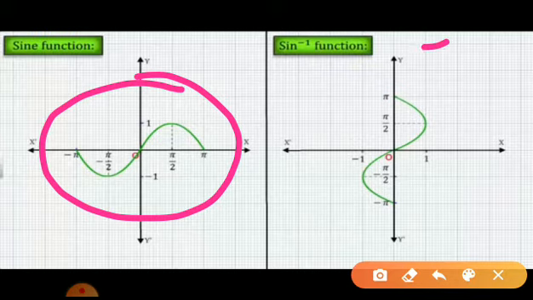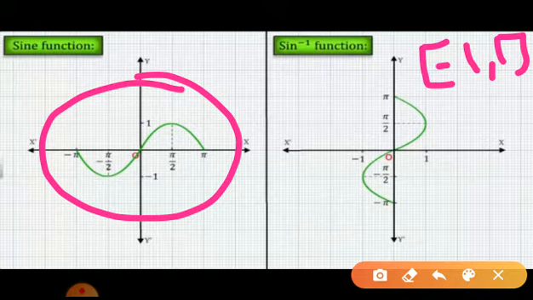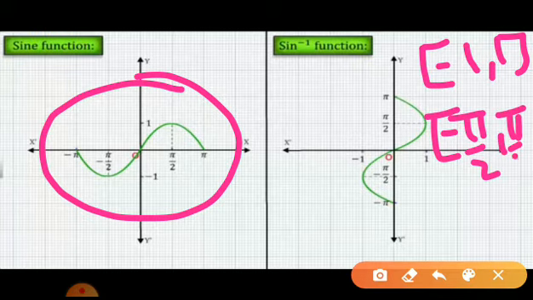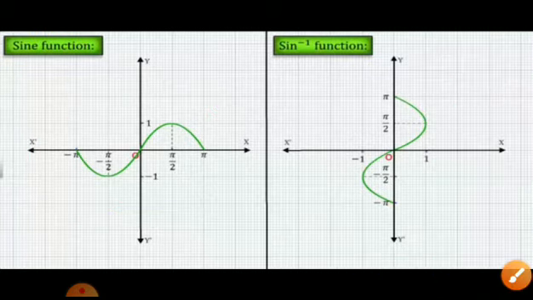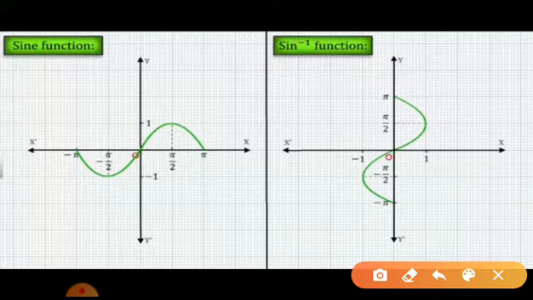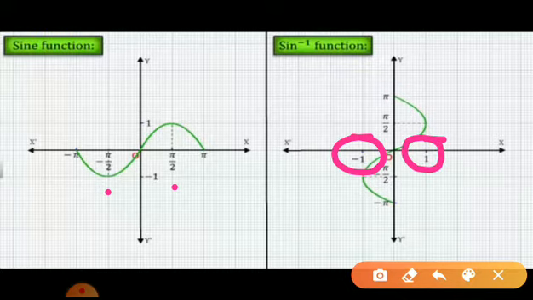So my domain will be the closed interval -1 to 1, and range I will be getting as between minus pi by 2 to pi by 2, closed. For the sine function on the x-axis I had the domain minus pi by 2 to pi by 2. For sine inverse the domain got interchanged, so on the x-axis I have to consider -1 to 1, and then just plot the values.